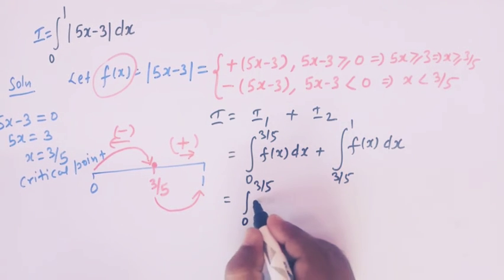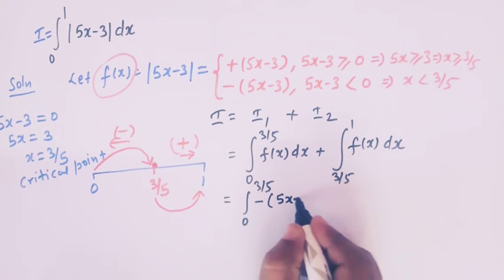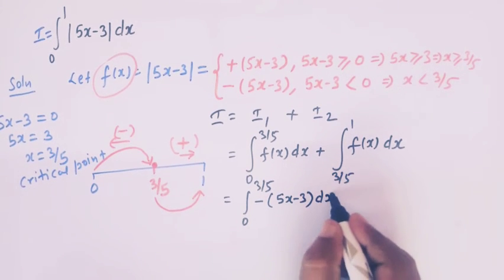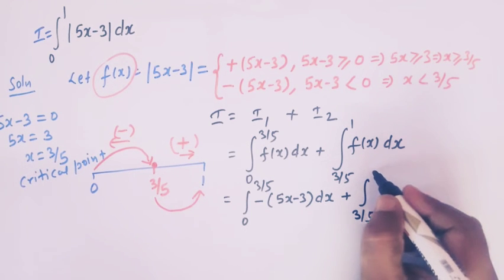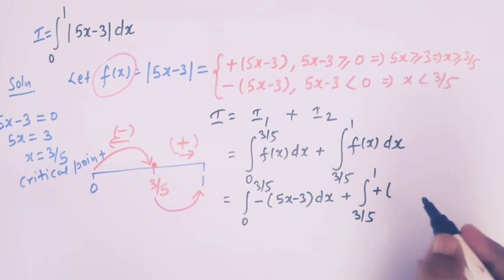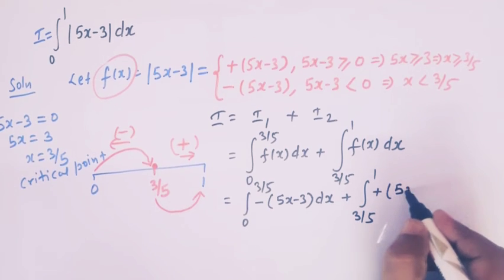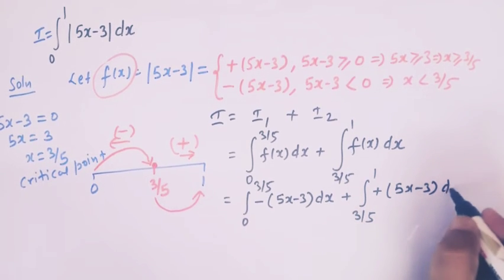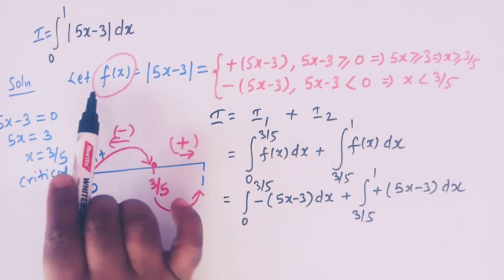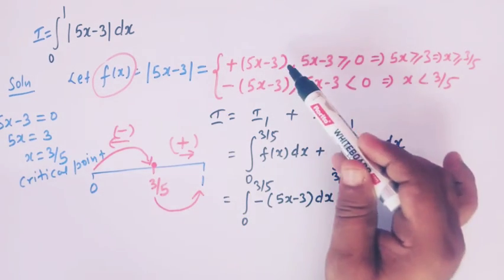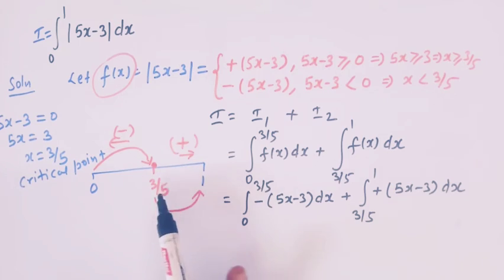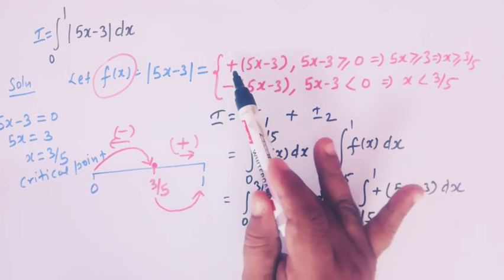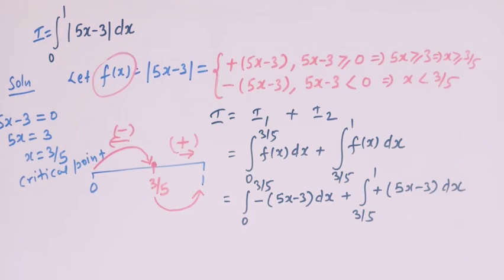So here we have negative 5x minus 3 dx, and here we have 3 by 5 to 1, and here we have positive 5x minus 3 dx, right? So here f of x is expressed as a piecewise function. So in these two intervals f of x has different signs, right?